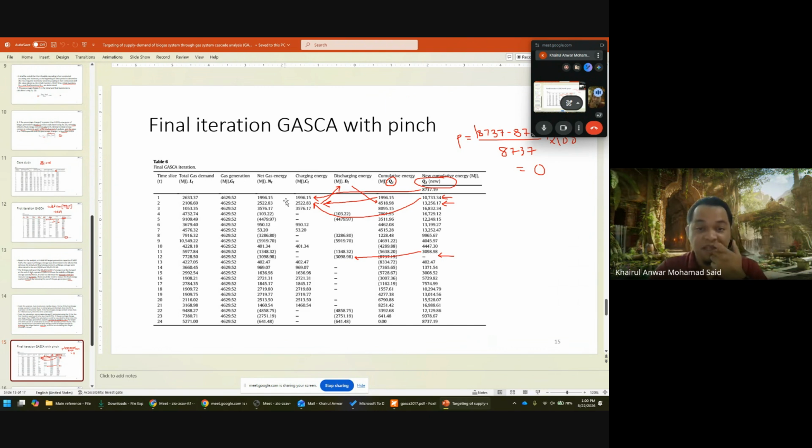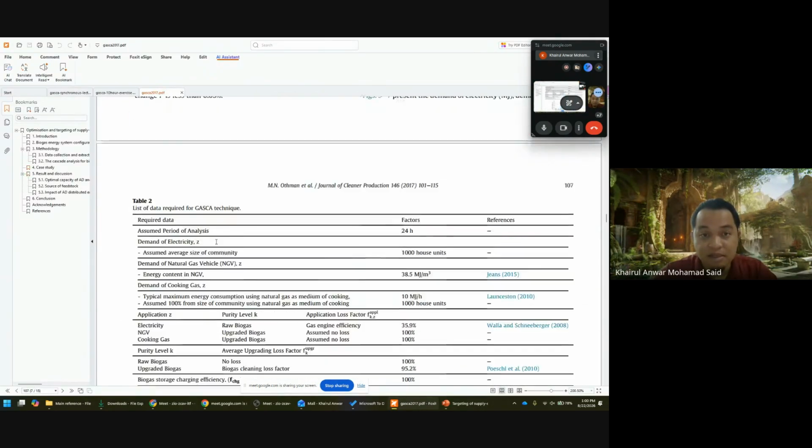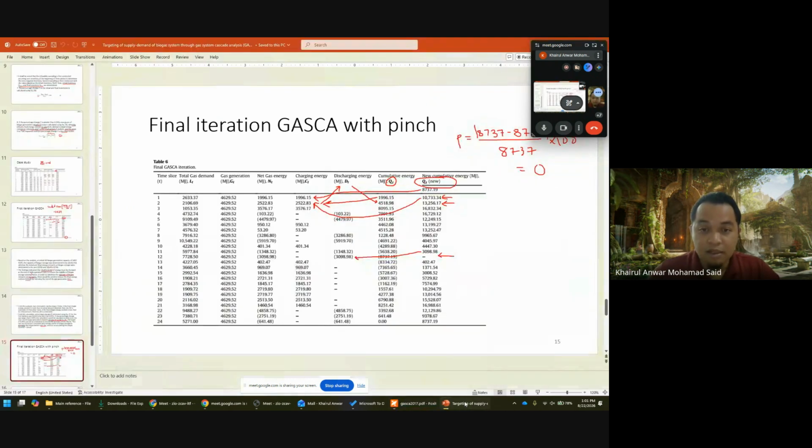If the value of NT is positive, then NT is multiplied with F charge. If the value of NT is negative, you divide it with F discharge. So F charge, F discharge is available in table 2. Here, both are 100%, so it's easy. Divide by 1 or multiply by 1. And then determine QT.